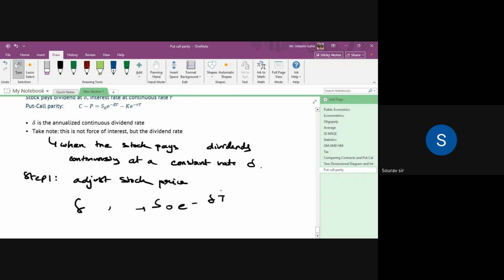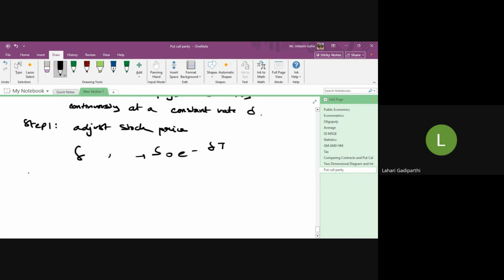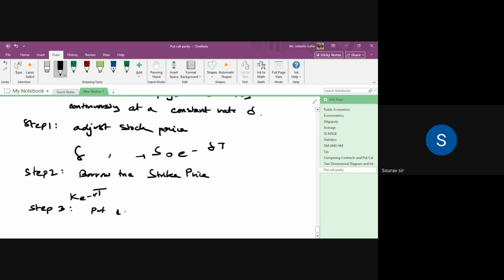Next, step 2: you borrow the strike price. As before, you borrow the present value, so K e to the power minus rT. What is step 3? Put call parity with continuous dividend.